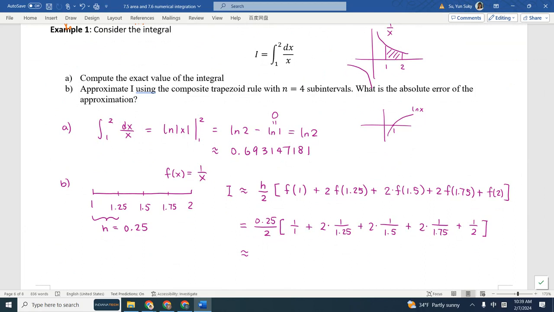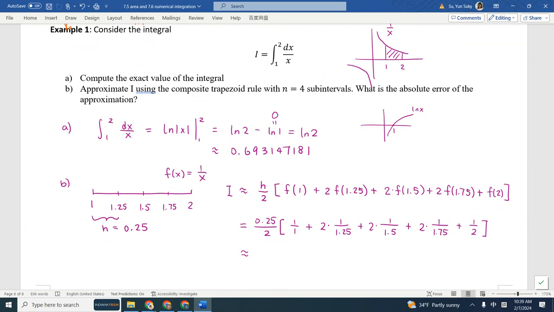I do have a scientific calculator in my office, so if you forgot to bring your calculator in the exam, you can borrow mine. What do you get?